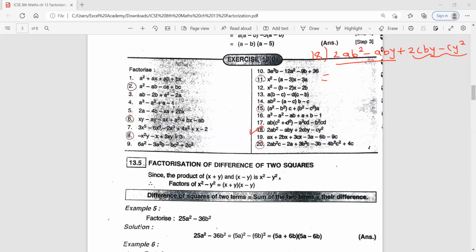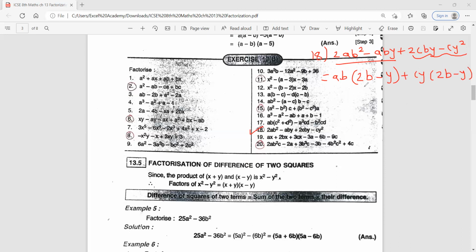So we can take AB common from the first two terms. You get 2B minus Y. And from the last two terms, what can you take? CY common, and you will get 2B minus Y. Yes or no?